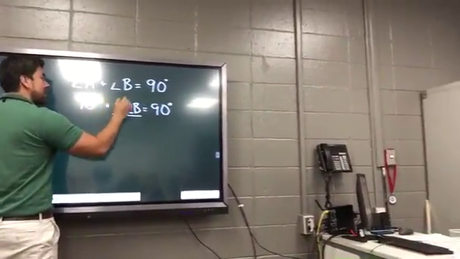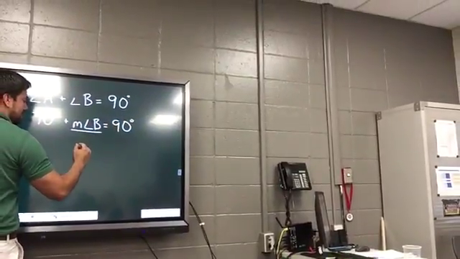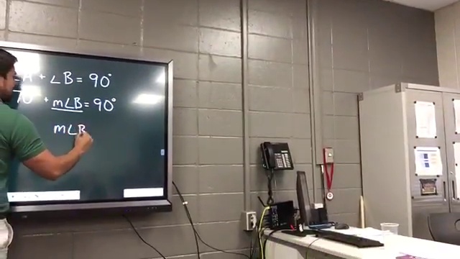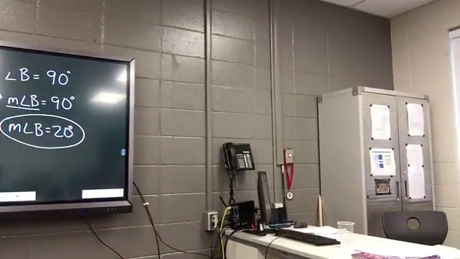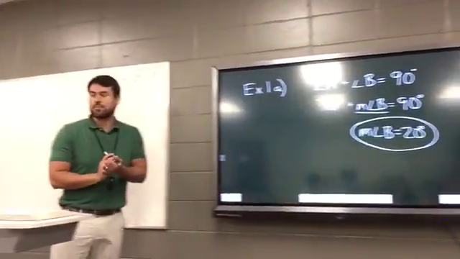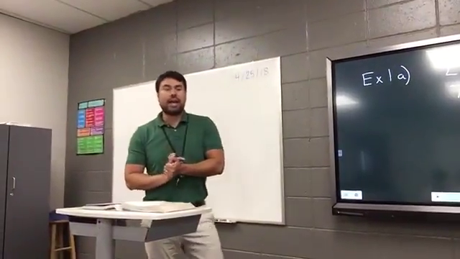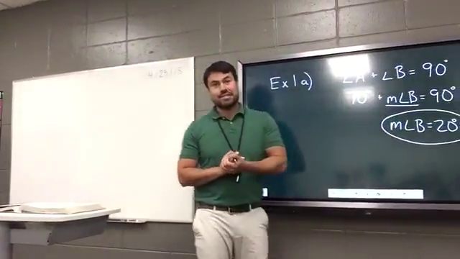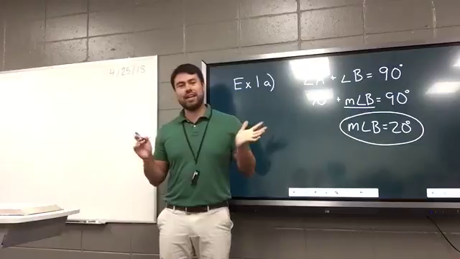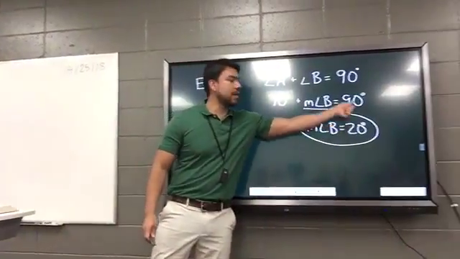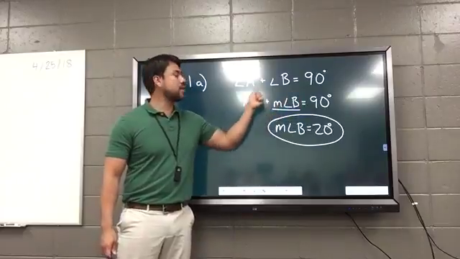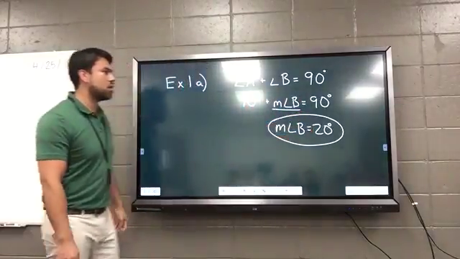So 70 plus x equals 90, and yes, the measure of angle B, 20 degrees would be your answer. Okay? That's using complementary supplementary. All right, and I verify it. Is 70 plus 20 90? Yes. So 70 degrees plus 20 degrees, those are two complementary angles.